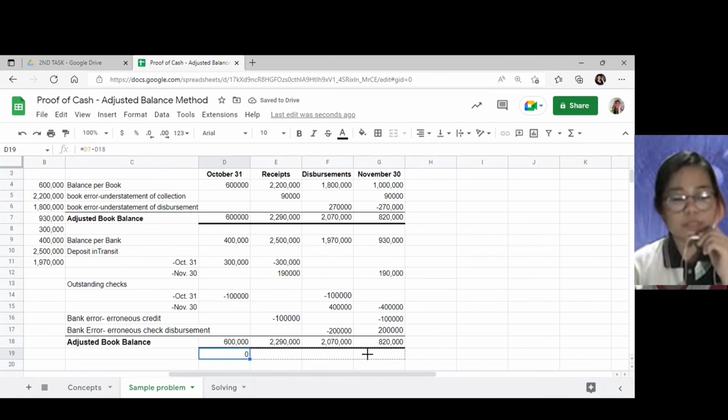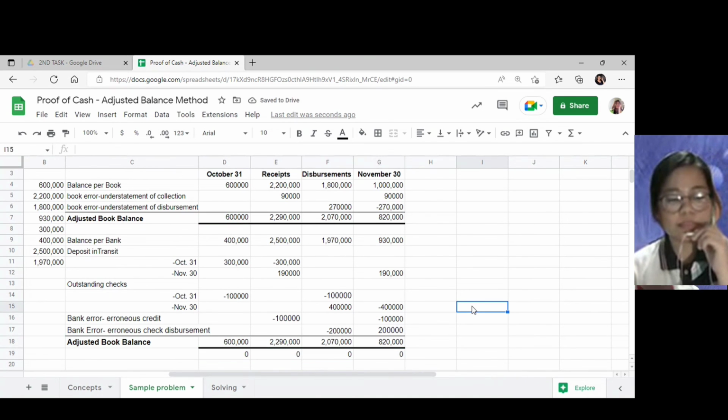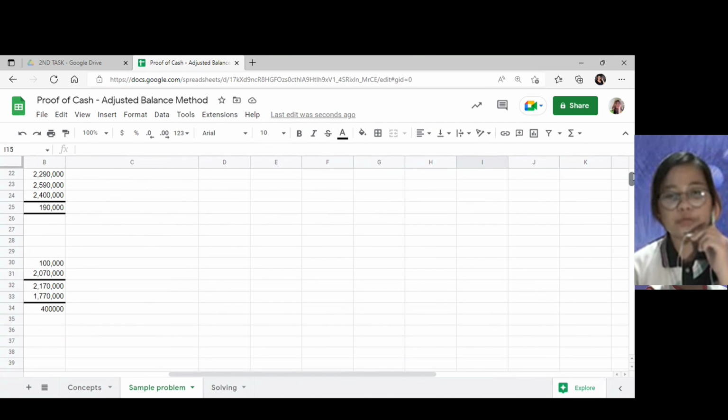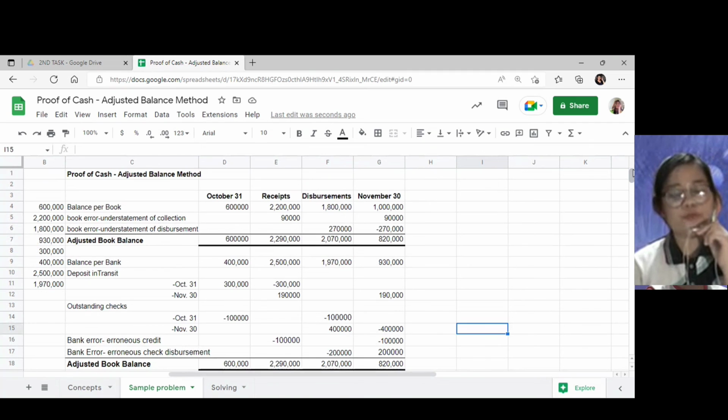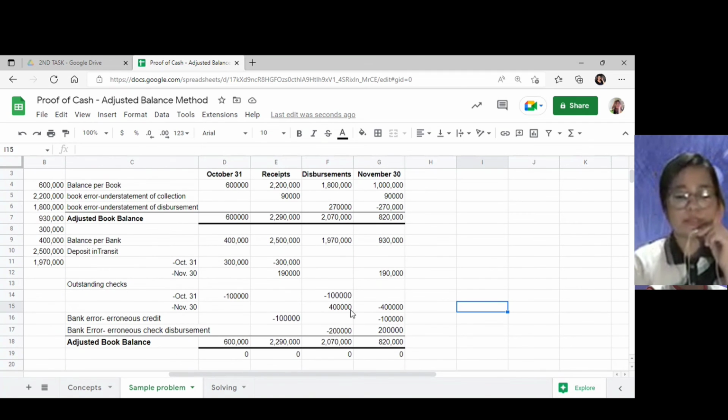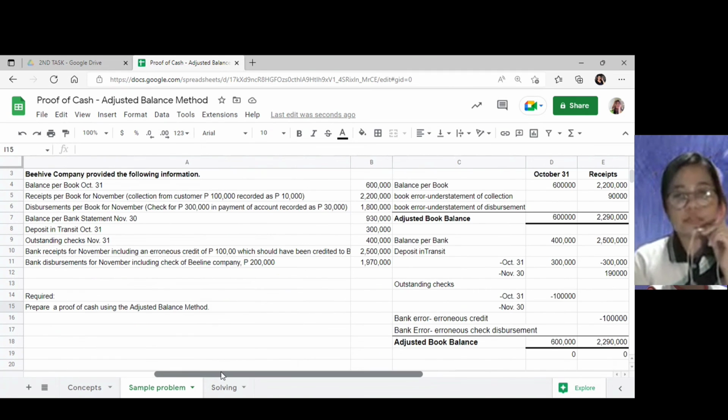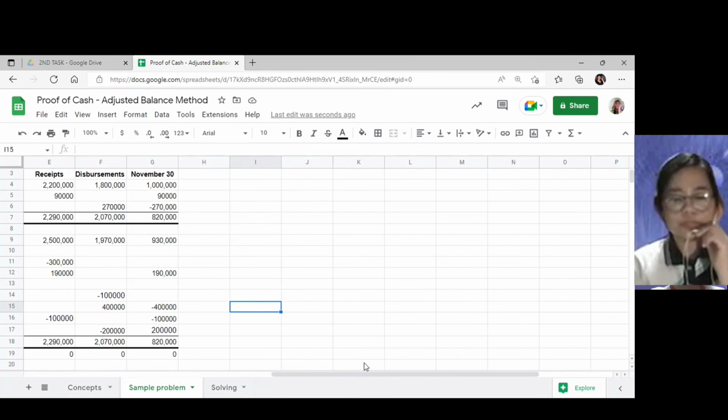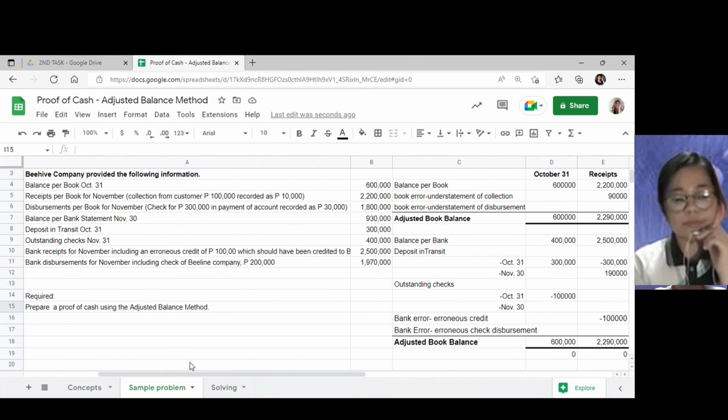So this is our adjusted bank balance. So that is how we are going to perform this proof of cash under the adjusted balance method using our Microsoft Excel. So I hope this discussion has enlightened you, and thank you for watching.